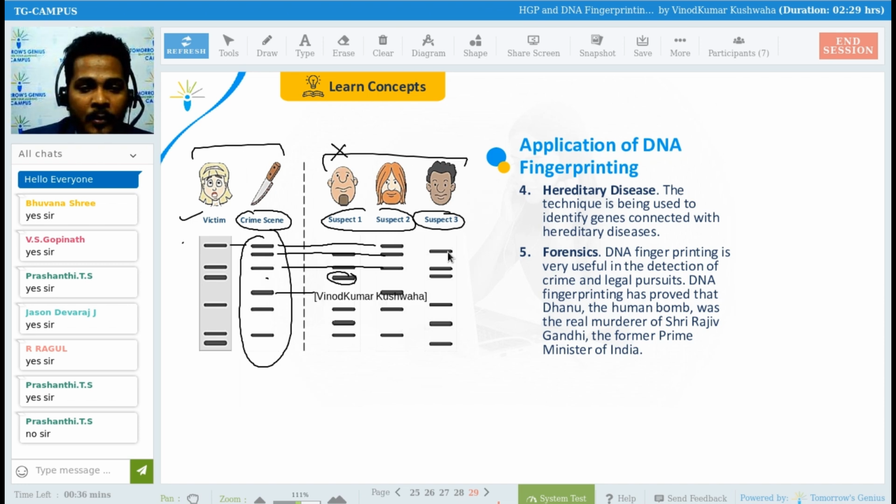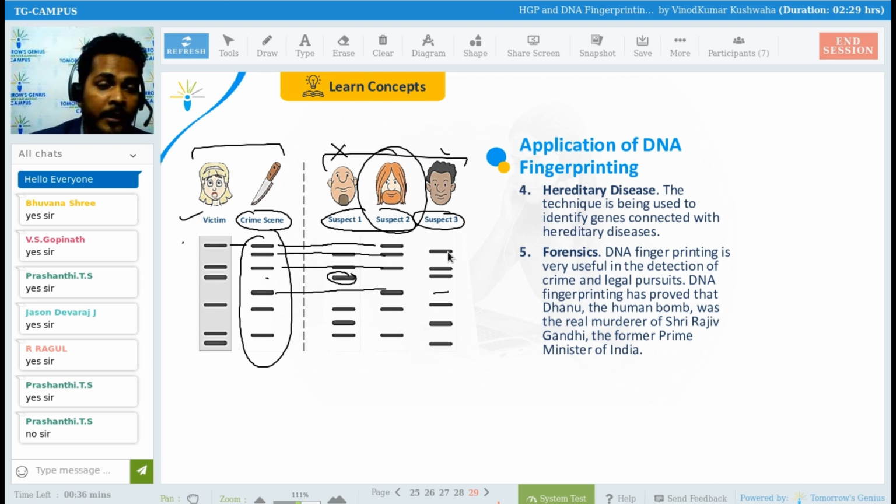Now you can see this is also matching with this, but not this, so this is not the murderer. So suspect number 2 is the murderer, or we can say the real suspect of this victim, right? So this is a simple scene: with the help of DNA fingerprinting, you can identify the suspect of the crime. Clear?